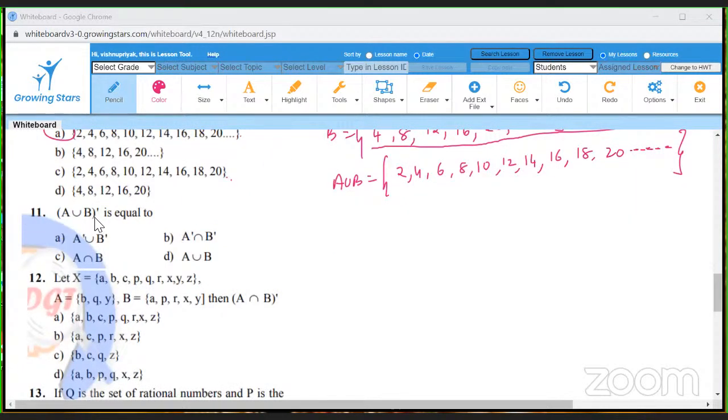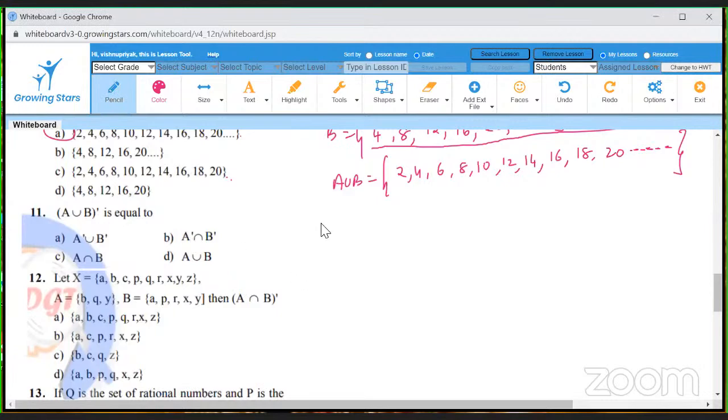Next, A union B whole dash. 11th one, Lohit said B, Rakshita said A, Rajeshwari is saying B. So which one will be correct? 11th one, A or B? B is the correct answer.